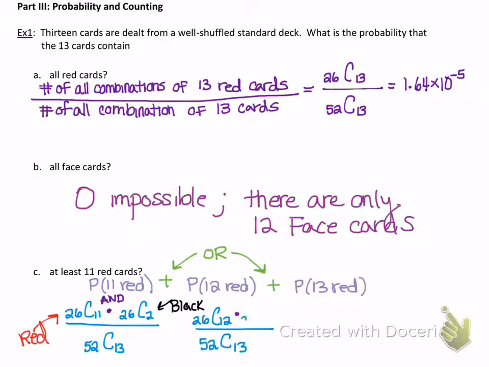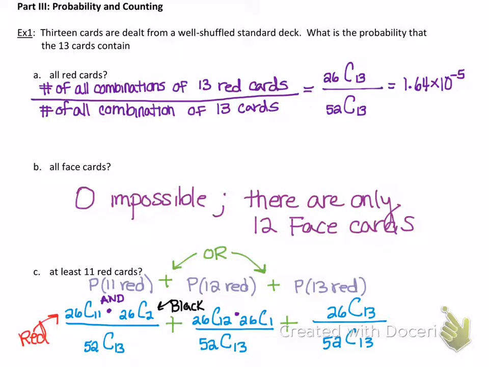So we have 26 black cards, and we only want to choose 1 now. And in between those, we're going to have a plus sign. And then our last one is just the probability of all 13 being red. So that means we have 52 and we want 13, but out of those 13, we are going to choose out of the 26 red cards, all 13. So this only has one part. There's no other and to this.